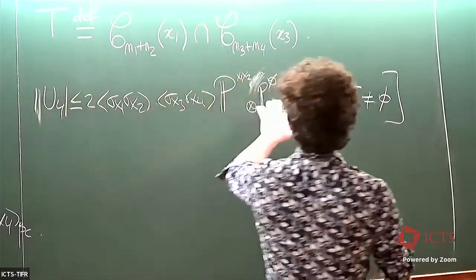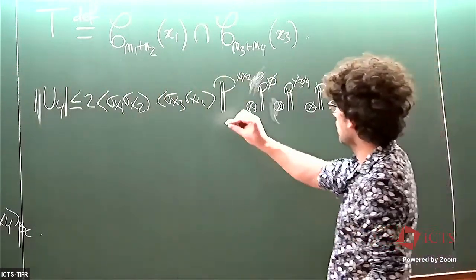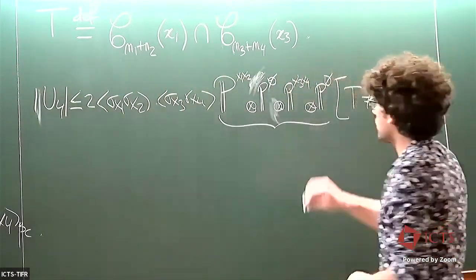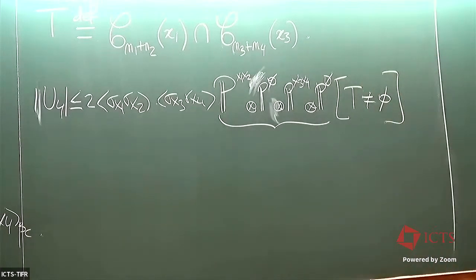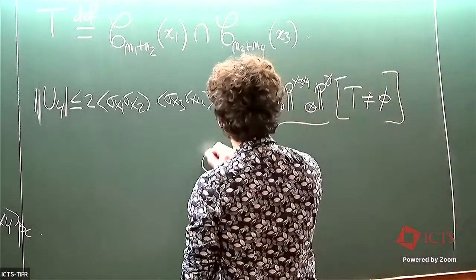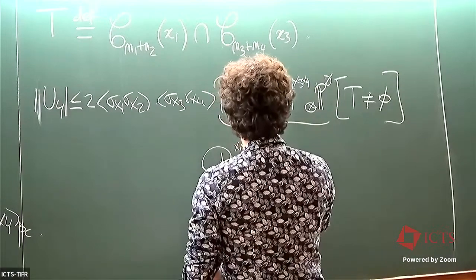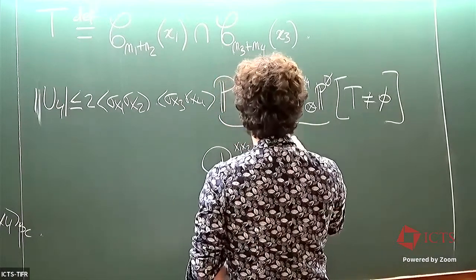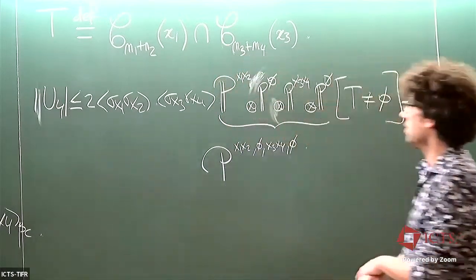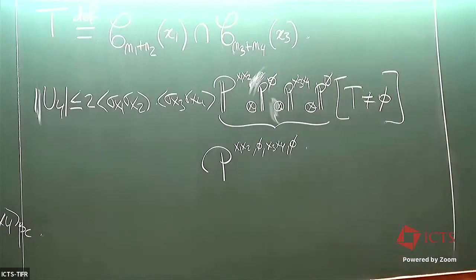Don't hesitate to interrupt me if something is not clear in my writing. In particular, to lighten the notation, I would just write this as P, x1, x2, empty set, x3, x4, empty set, okay? So this is what we had.